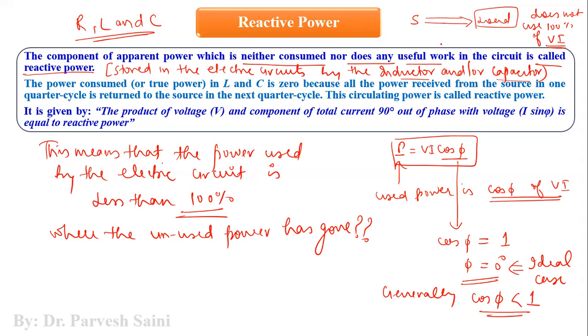Rather, they store the electrical power because it is their characteristic. Inductor stores electrical current in form of magnetic energy, and capacitor stores electrical current in form of electrostatic field. So when they store the electric current and they have certain voltage or EMF over them, they store the power also, and that stored power is known as reactive power.